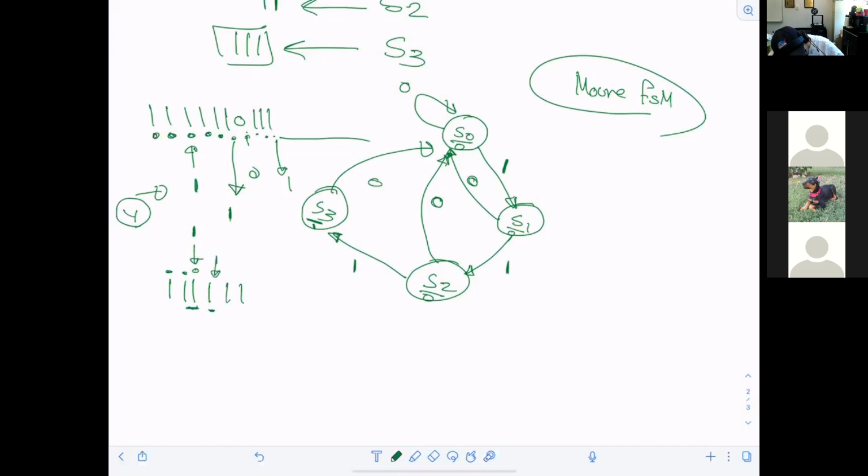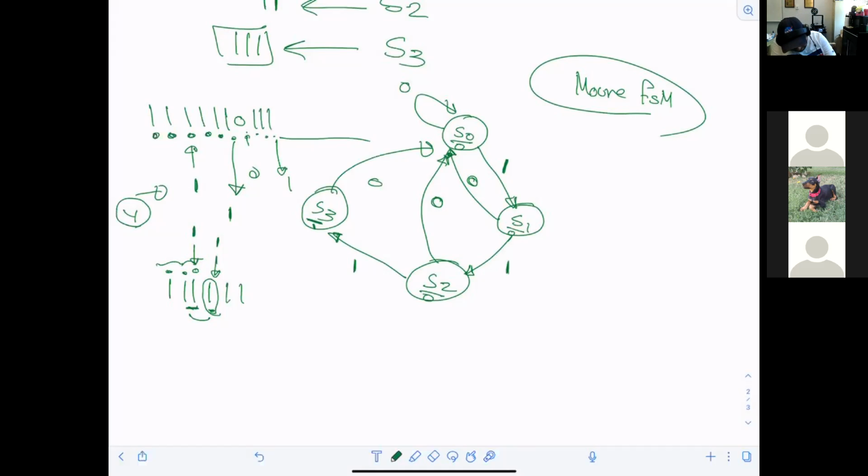So the output here is going to be 1. So what happened? I overlap 2 from the previous to contribute in the next. That makes sense? I didn't count from scratch again. That's called overlapping.